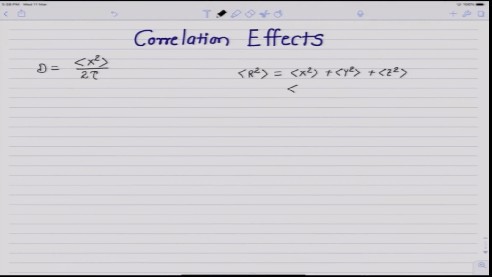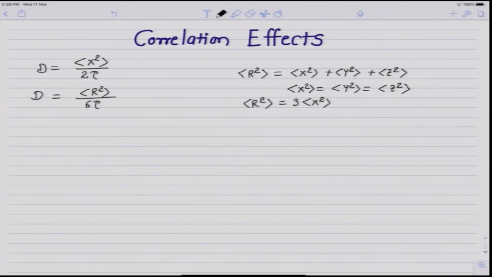So, obviously, we have average of x square equal to average of y square equal to average of z square, and so we can write the mean square displacement as 3 times average of x square. If we substitute in this equation, we get the mean square displacement over 6 tau as the diffusivity.